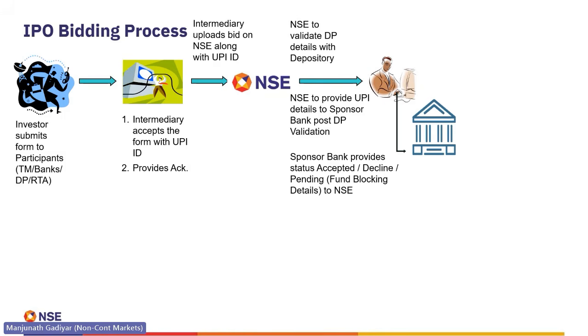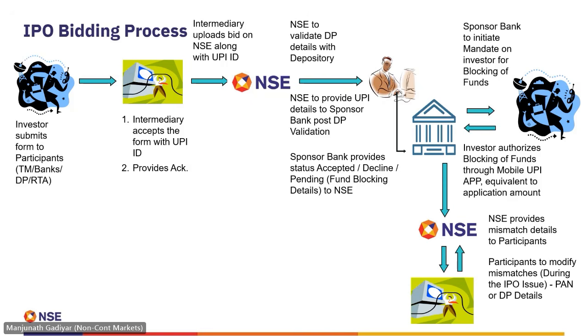The sponsor bank will check the authenticity of the UPI ID with NPCI, create a mandate and send it to the mobile app of the investor. The investor will then put in the secret PIN and the amount is blocked in the savings bank account of that investor.